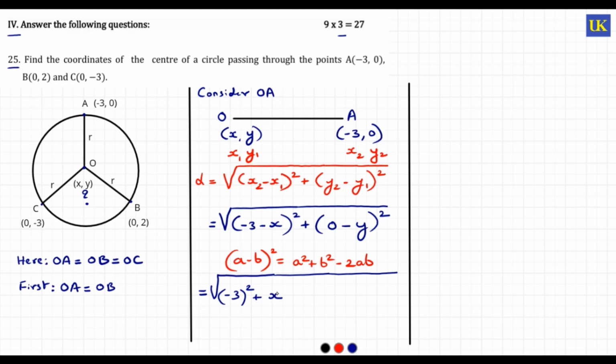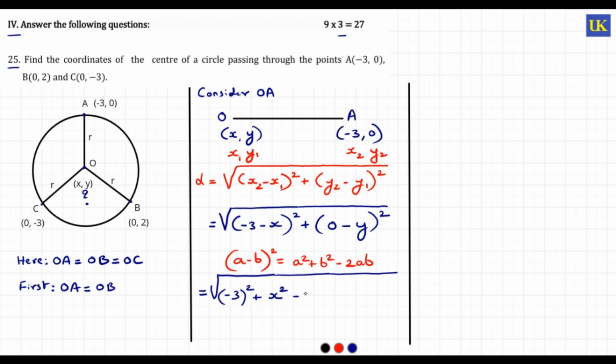Then the second term is x square, and then minus. This minus is not present in the formula, that is the reason I am using this minus sign here when I am solving it. But for the second variable, minus x, we need not use it because the formula itself has taken care of it. So here no need to write minus. I hope you know these basic things.